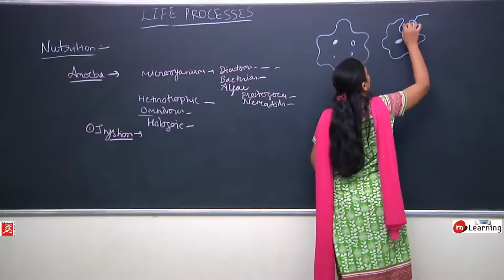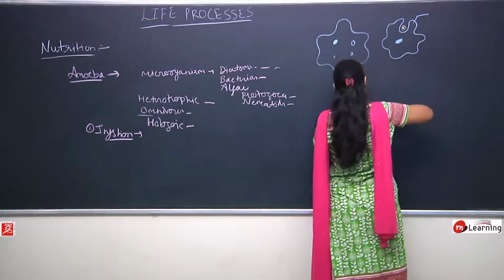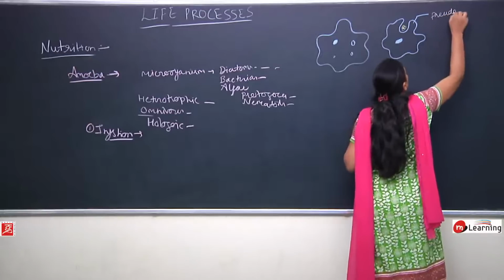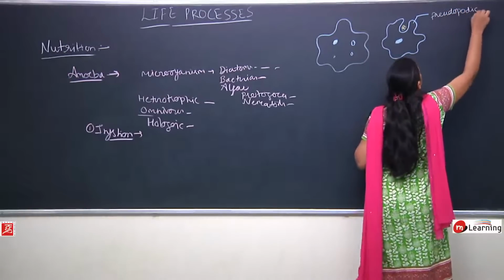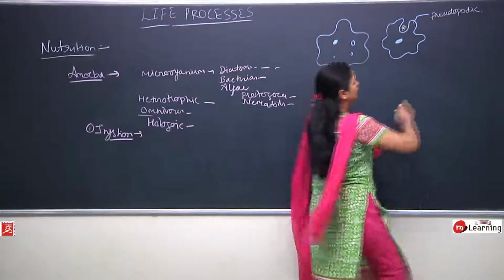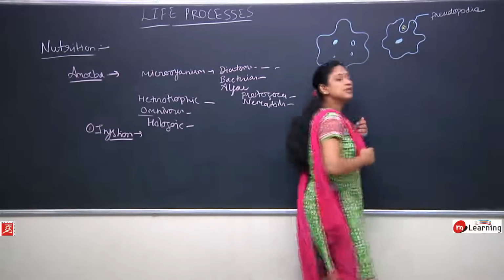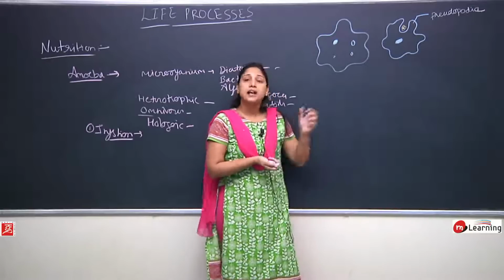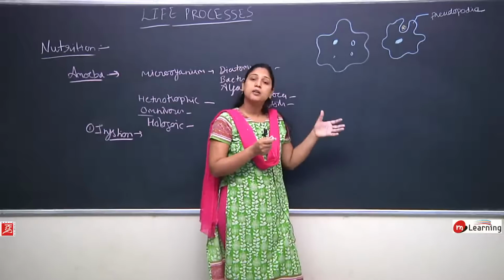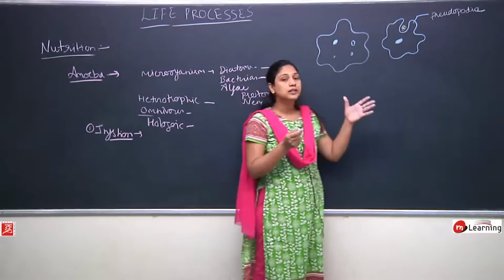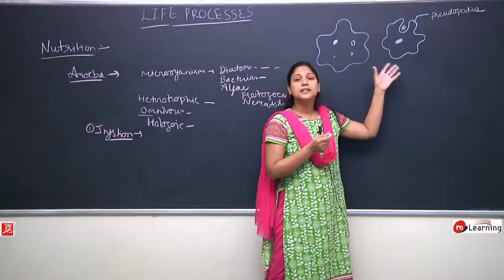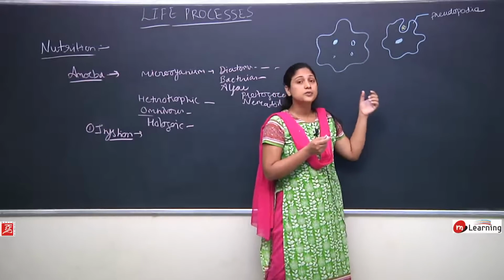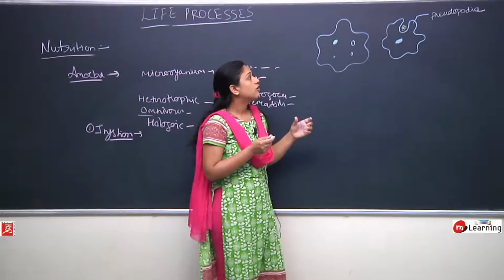This is the food particle, and these are pseudopodia. Why are these called pseudopodia? Because pseudo means false, podia means legs. With the help of these finger-like projections it moves. I have already told you that it moves with the help of these pseudopodia. So they are also called pseudopodia, the false legs of amoeba.